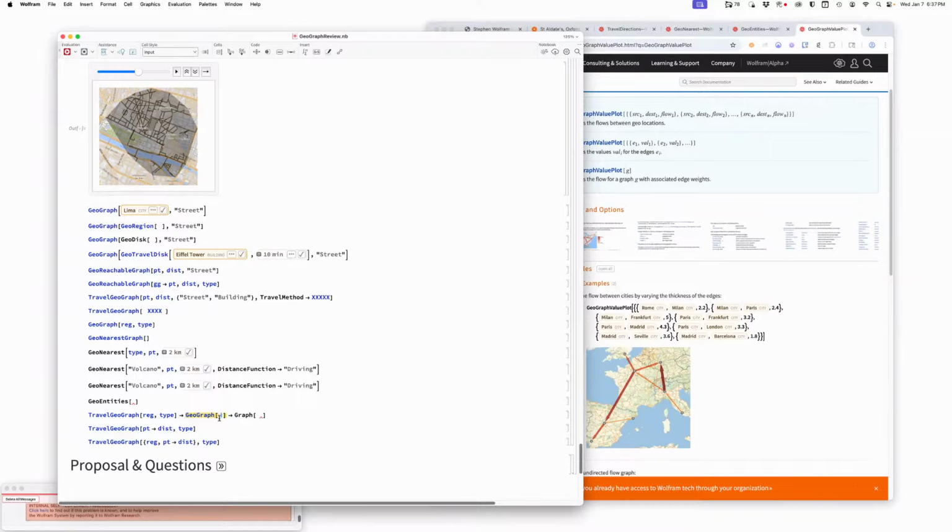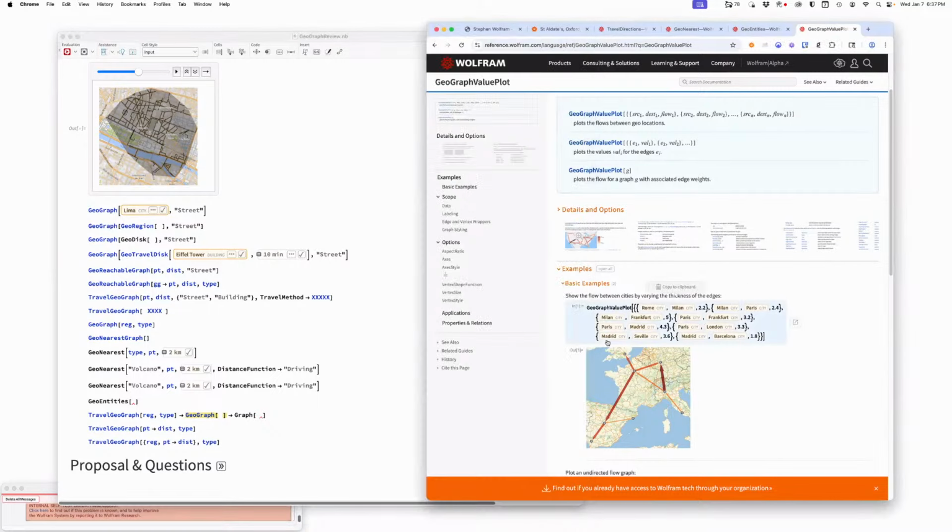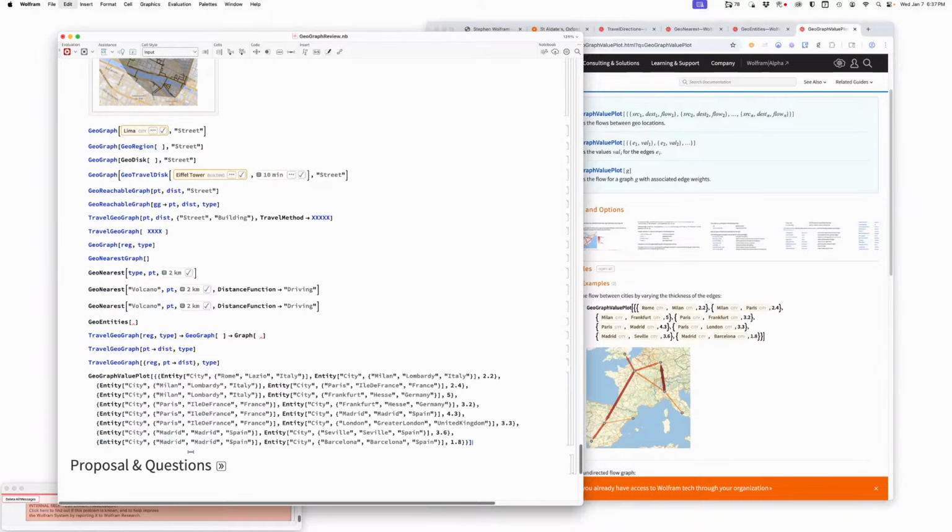I mean, GeoGraph, look, no, absolutely not. If you construct a GeoGraph to be used here, whatever the input syntax is for GeoGraph value plot, which appears to be this, right? It should be the case that you can construct, that's a very ugly thing there, that I can construct from this thing here.